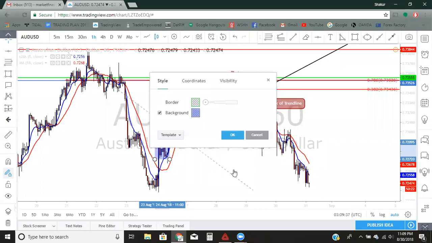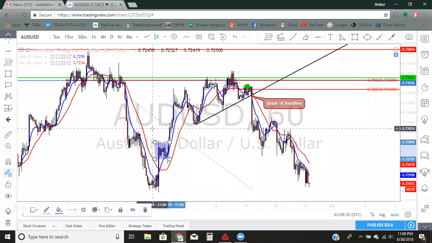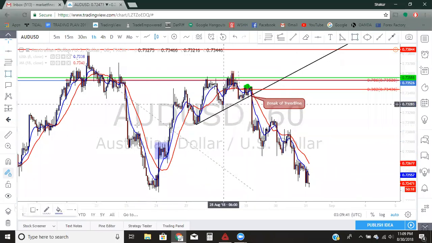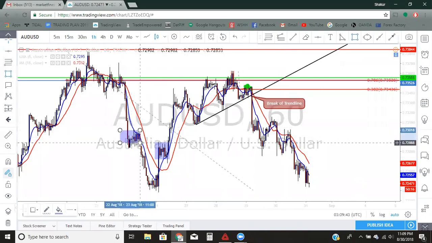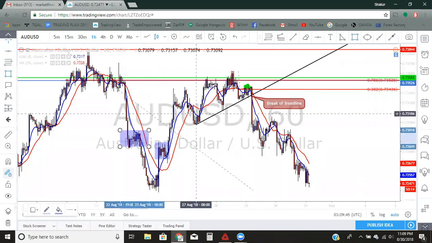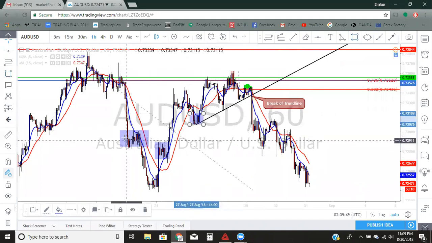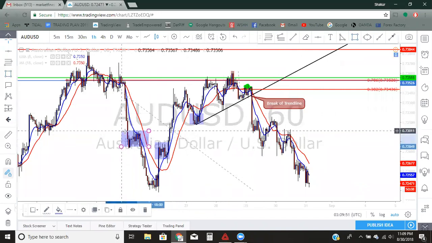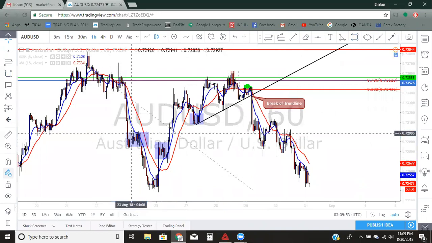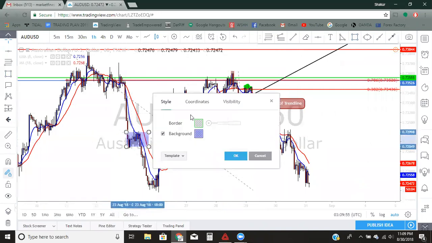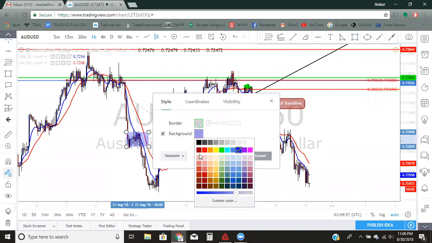I'm gonna put that as blue. This is where the market stumbled at. Right here. Right here. These was the points where I said, okay, I'm gonna look for a retracement for an entry, for another entry.